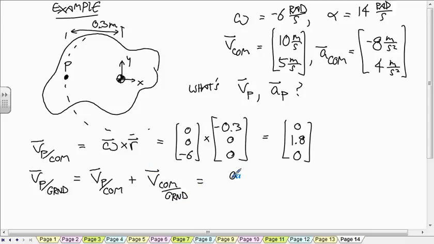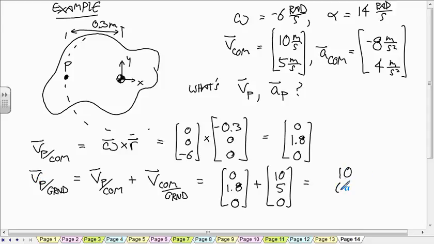So that's 0, 1.8, 0 plus 10, 5, 0. So the velocity of P is 10, 6.8, 0.